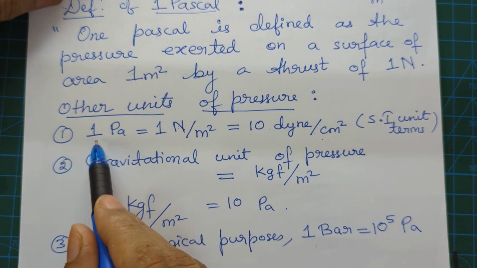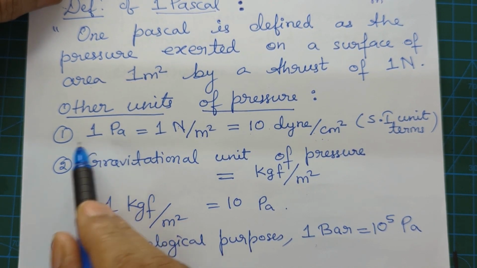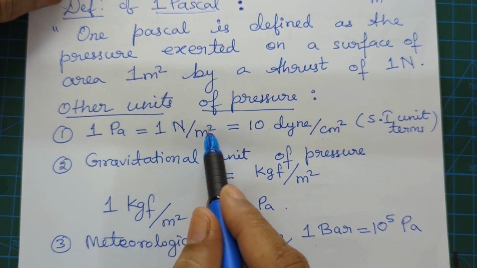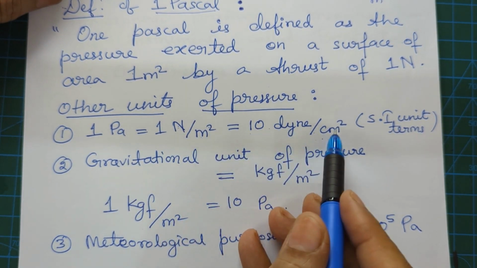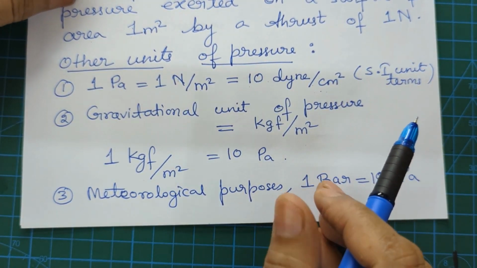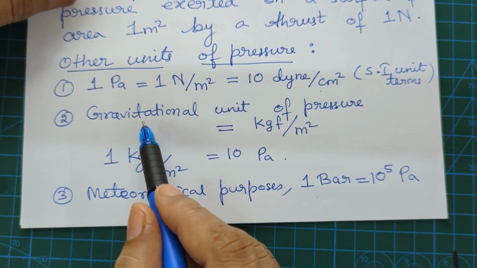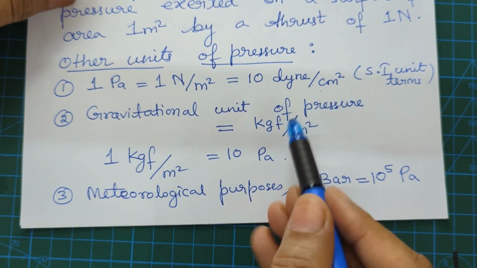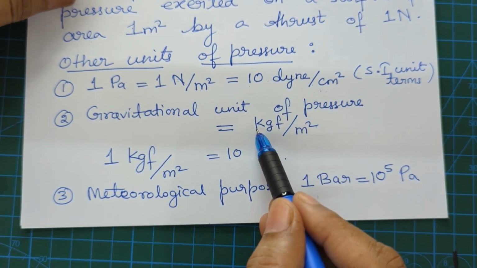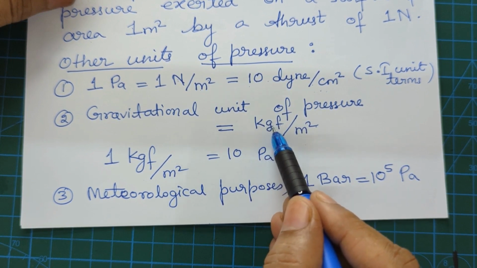SI unit of measuring pressure, any pressure in fact, is 1 Newton per meter square or 10 dynes per centimeter square. Pressure can be measured in terms of gravitational unit of force also. So gravitational unit of pressure is gravitational force per unit area. Gravitational force is kilogram force or kilogram weight.